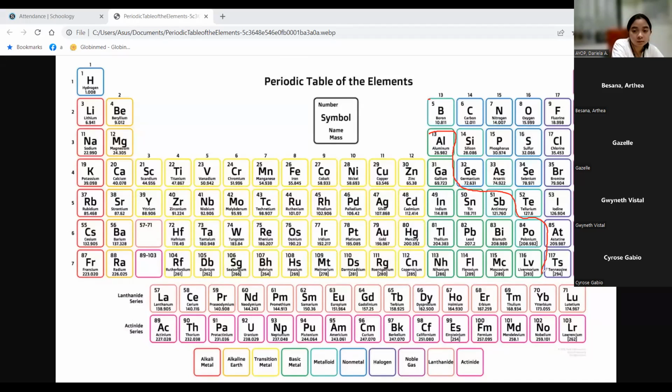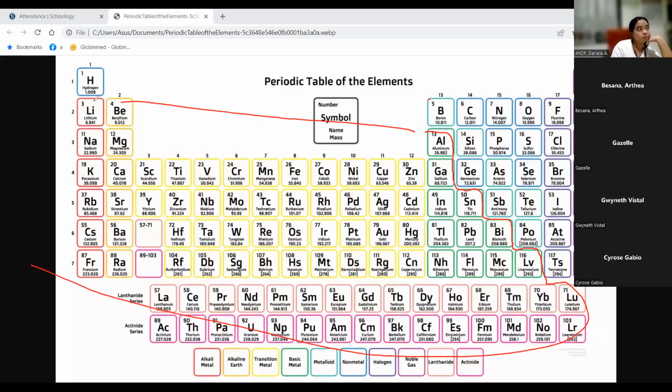Let me check. Wait, let me delete. Okay. So all of these going there, except for hydrogen of course, they're all metals, so definitely these are cations.